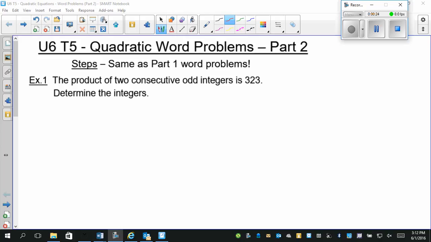So example one here says the product of two consecutive odd integers is 323. Okay? So this part here and this part here are going to create the equation.